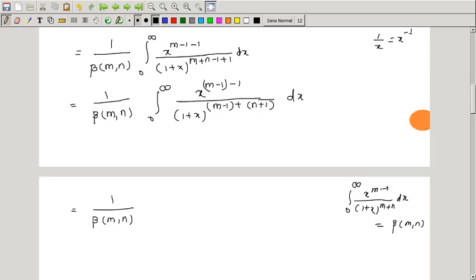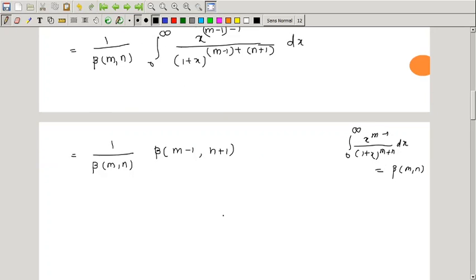So here m is m minus 1 and n is n plus 1, so this integration is, by using the beta function, B(m-1, n+1).